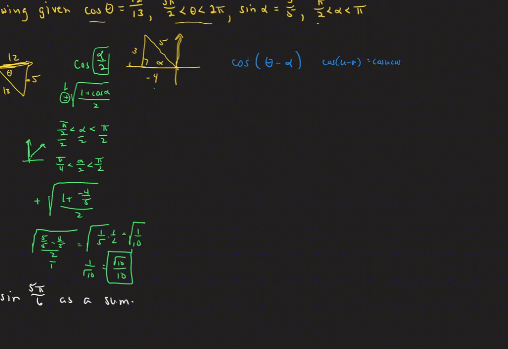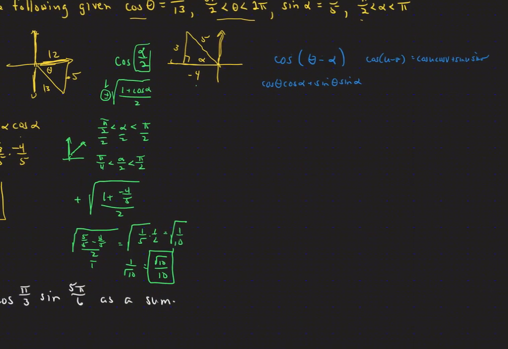So we're going to get the cosine of theta times the cosine of alpha plus the sine of theta times the sine of alpha. I'm going to slide back over a little bit so we can see it.